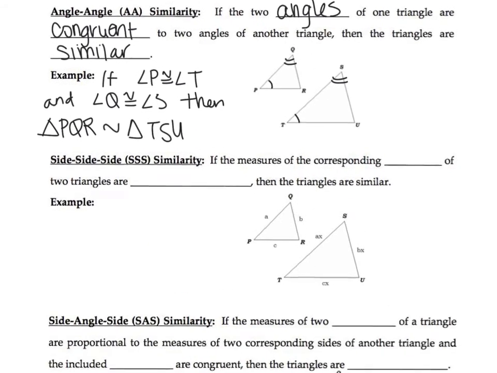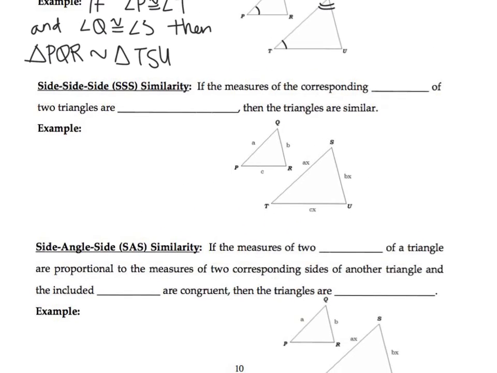We also have something called side-side-side similarity. So if the measures of the corresponding sides of two triangles are proportional, then the triangles are similar.